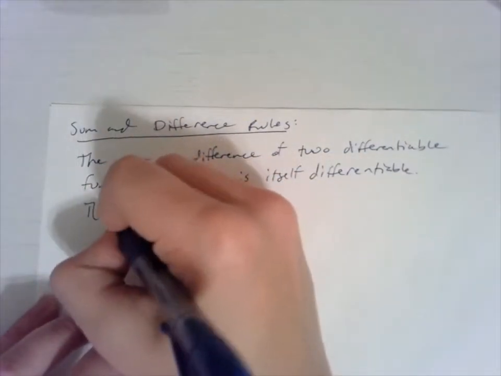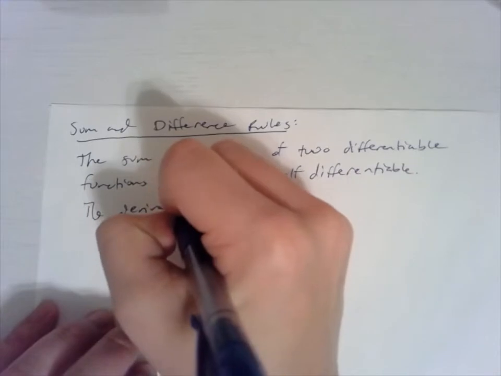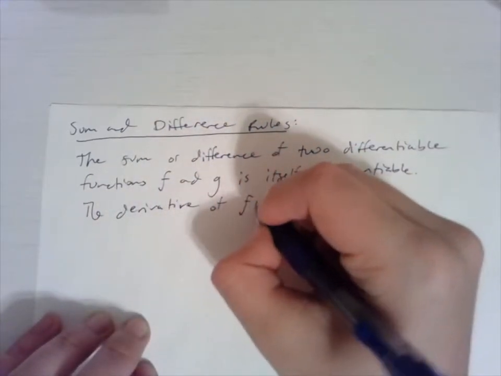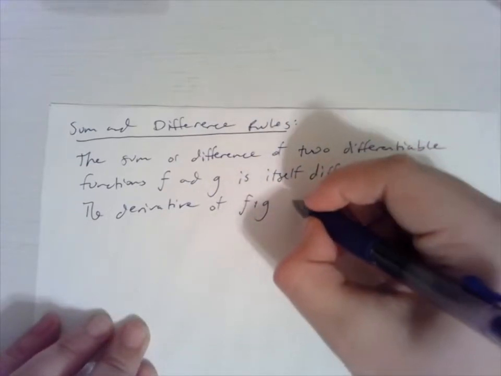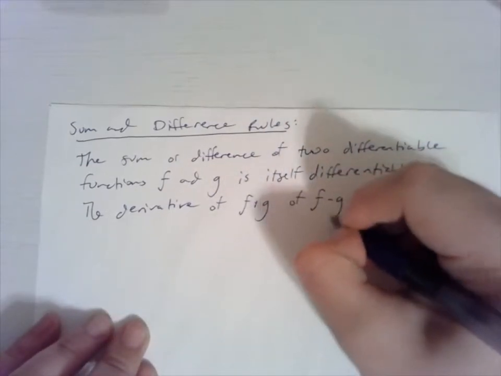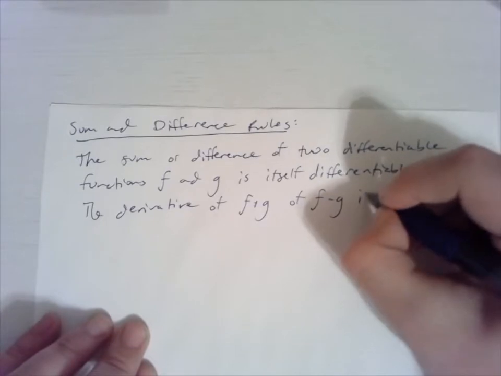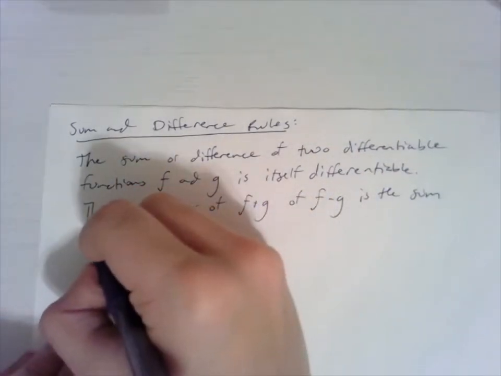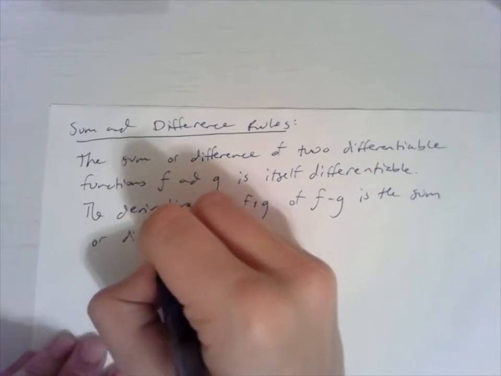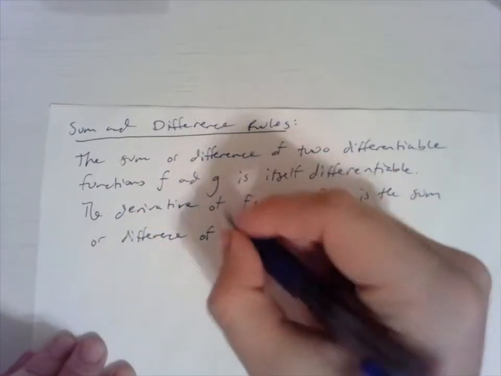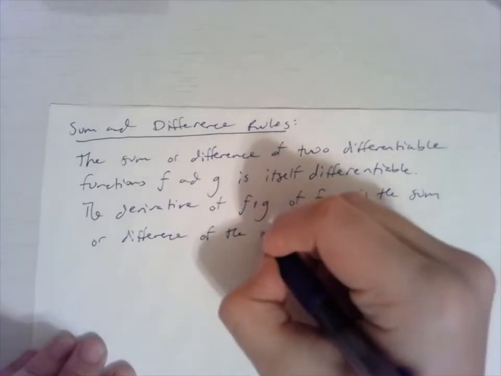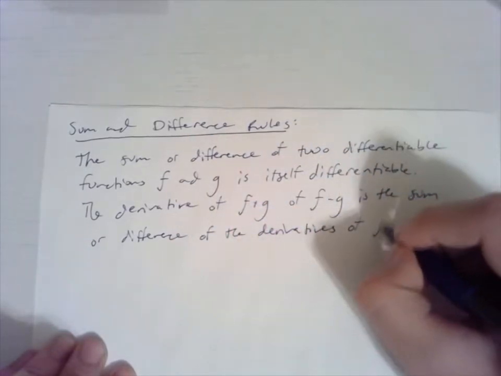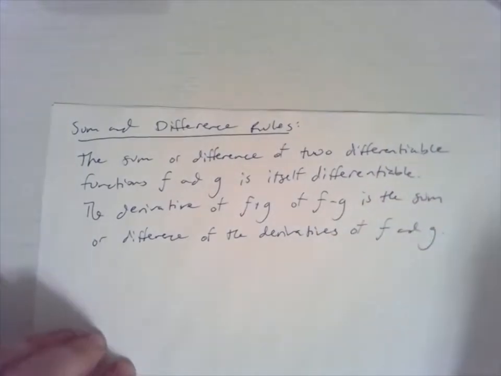What we can say then is that the derivative of fancy f plus g, or fancy f minus g, is the sum or difference of the derivatives of f and g.